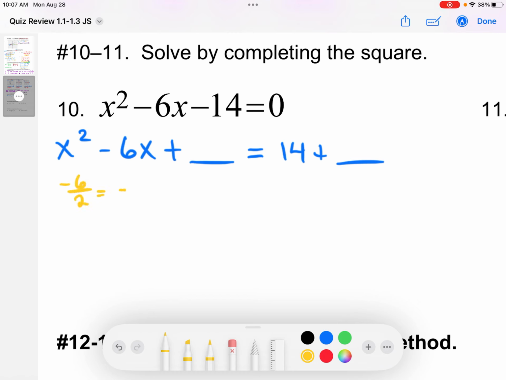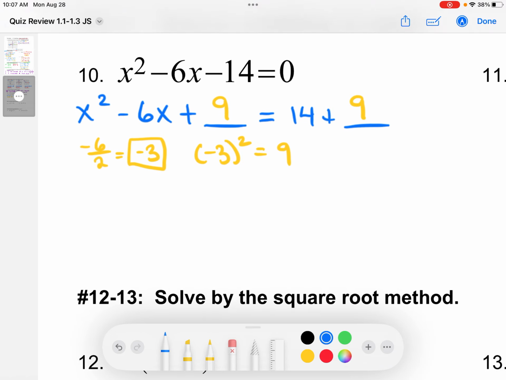Negative 6 divided by 2 is negative 3. We halved it. We put a box around it. Now we're going to square that negative 3. That gives us positive 9. So we will add the 9, and we will undo it by adding a 9 on the other side to keep the equation balanced.